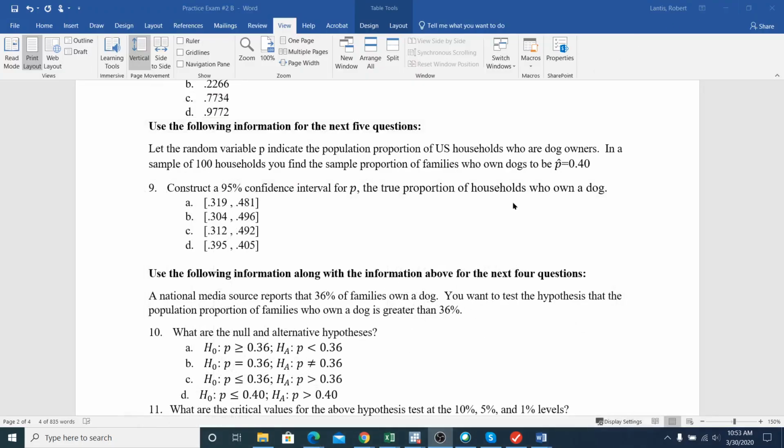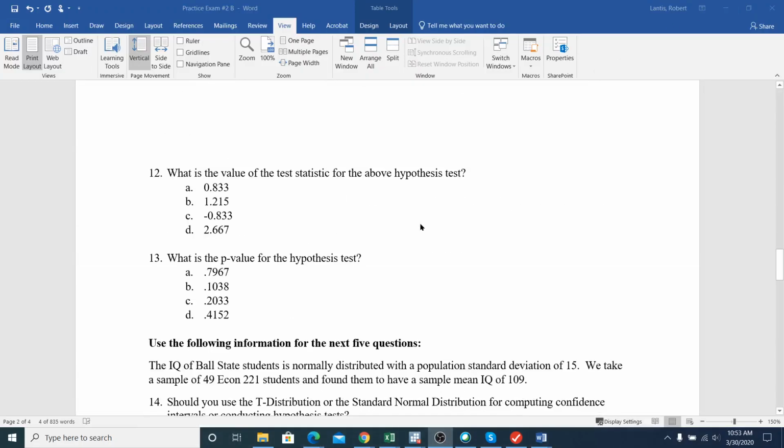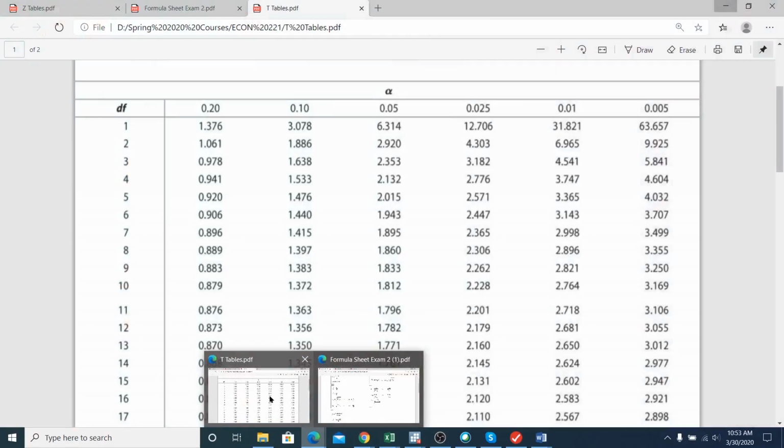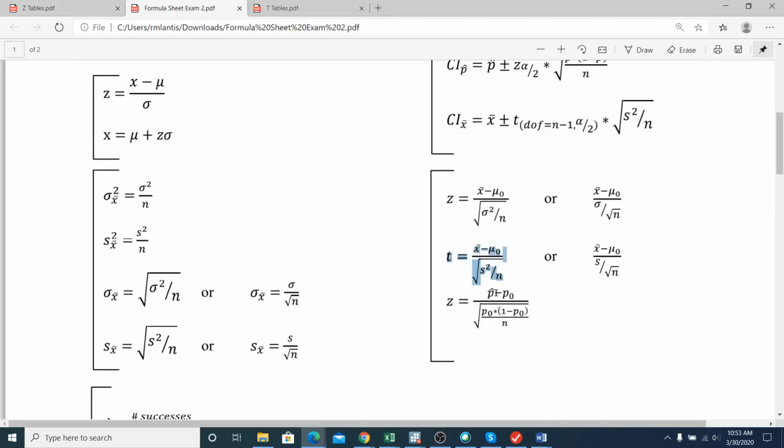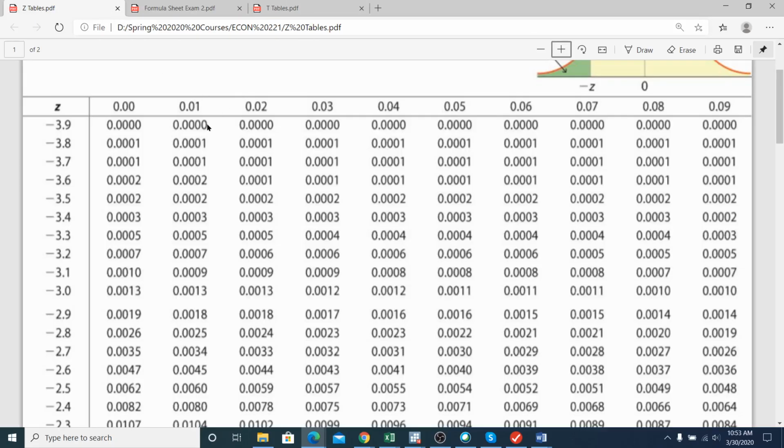What's the next question? What would the p-value be for this hypothesis test? The question asked earlier is nice because it leads us into how we would solve 13. If I'm looking for a p-value, as a reminder, we're dealing with proportions. Anytime we have proportions, we're using that standard normal, or z distribution. So we go to the z table.